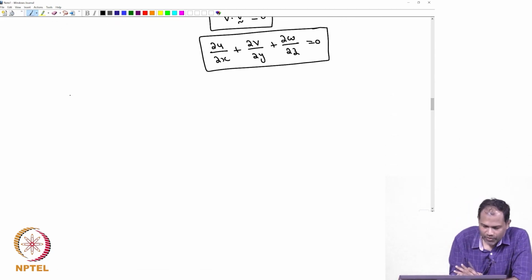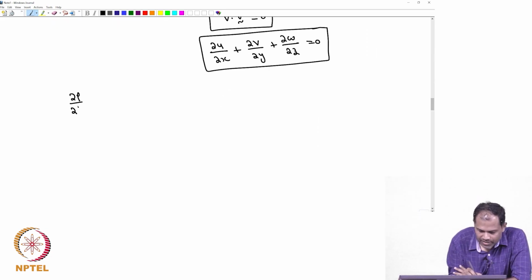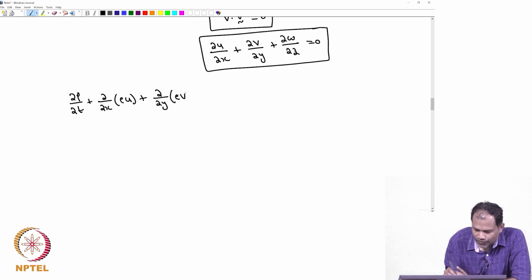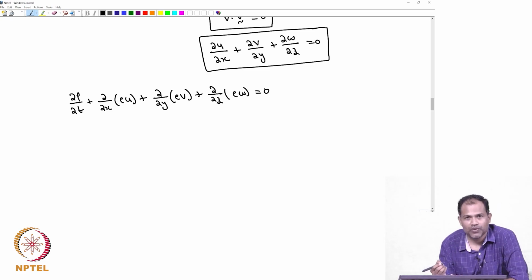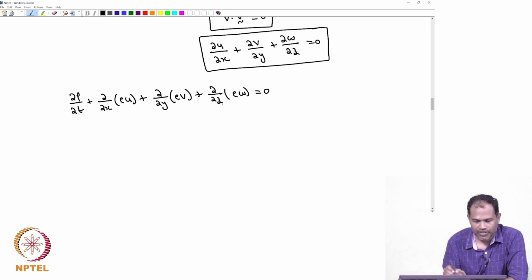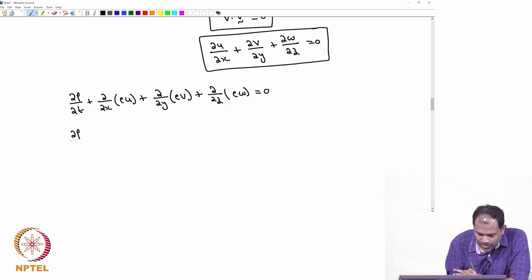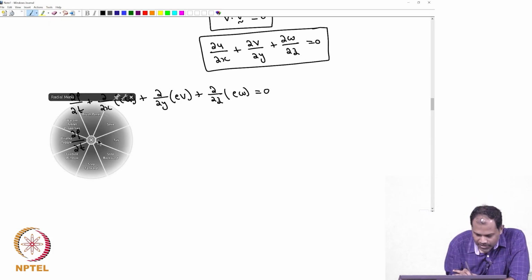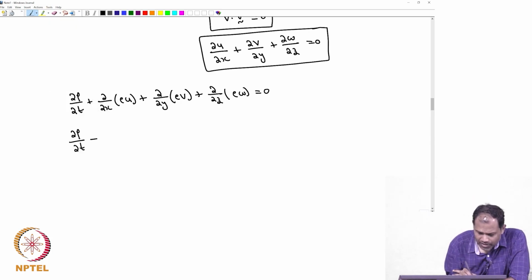So, remember we have del rho by del t plus del by del x of rho u plus del by del y of rho v plus del by del z of rho w is equal to 0. That is the equation for mass conservation. I am going to apply the product rule to each of the terms. The first term remains as del rho by del t, plus the second term, del by del x of rho u.